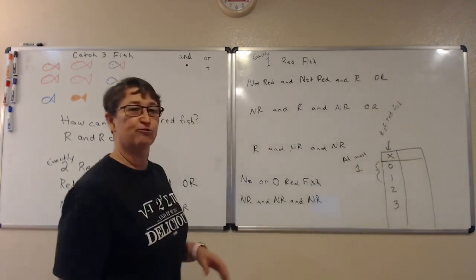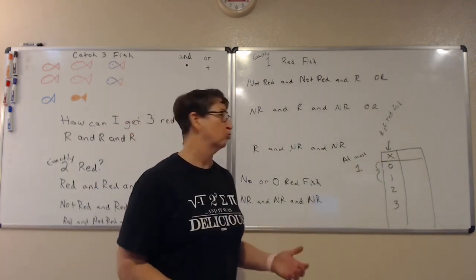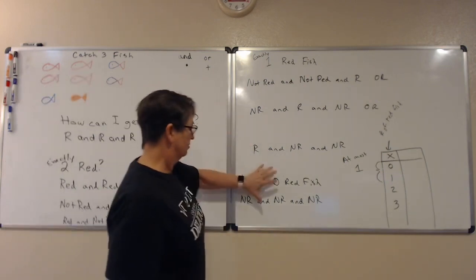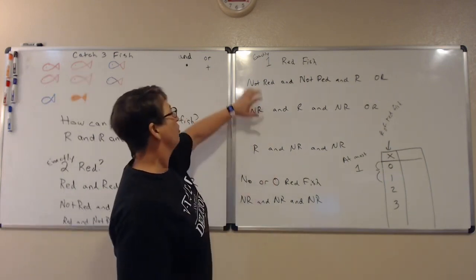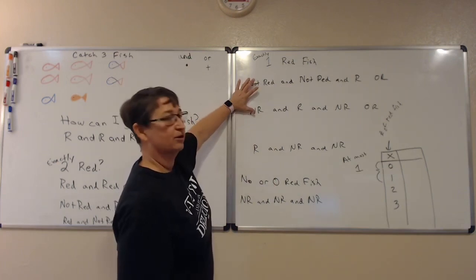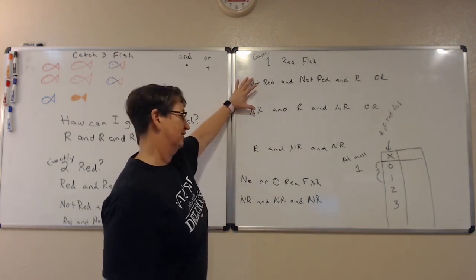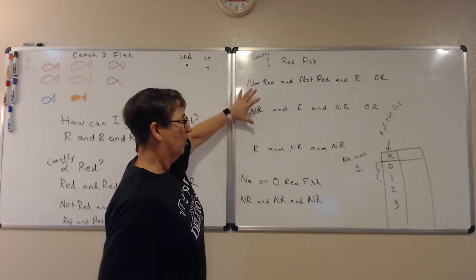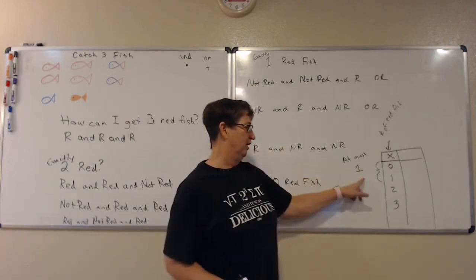If I were looking for all the different ways I could do at most 1, then I would do the 0 or the 1. I think earlier I pointed at the 0 and I meant the 3. Okay, so 0 or 1, those are the at most 1.